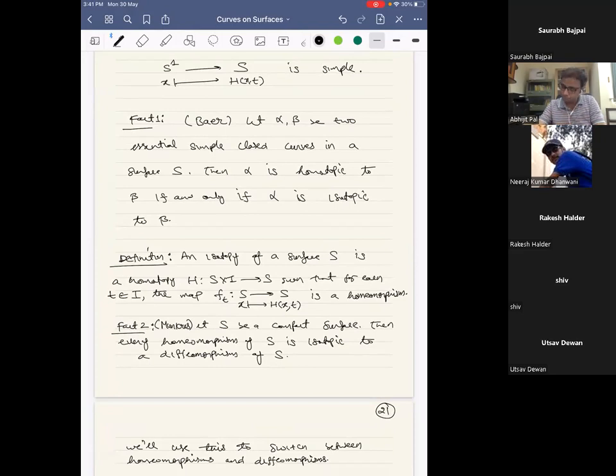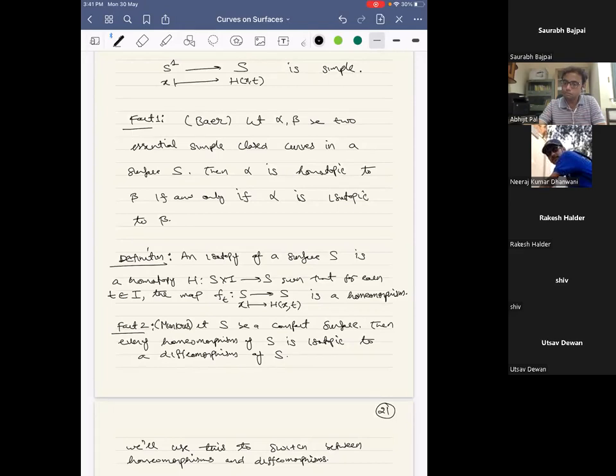So an isotopy of a surface is a homotopy, first of all. So it is a map from S cross I to S, where I means the unit interval [0, 1], such that for each t, the map F subscript t from S to S, x to H of (x, t), is a homeomorphism.